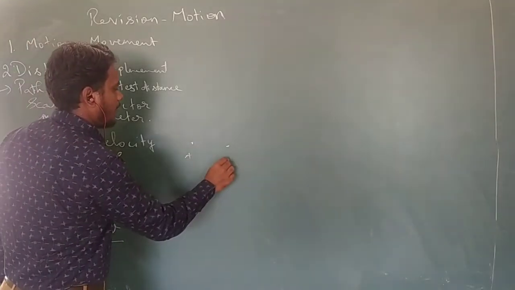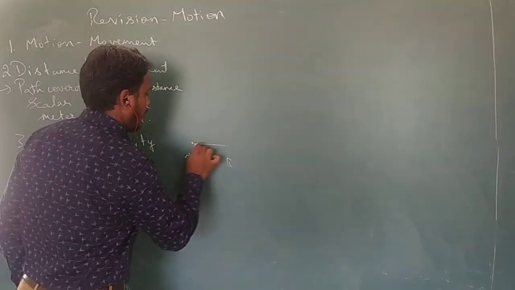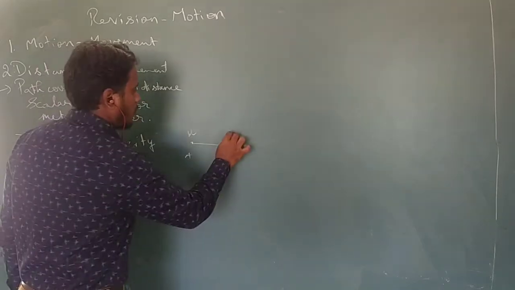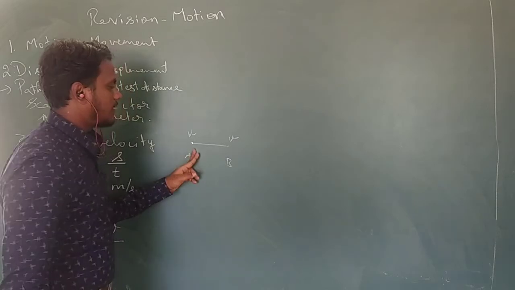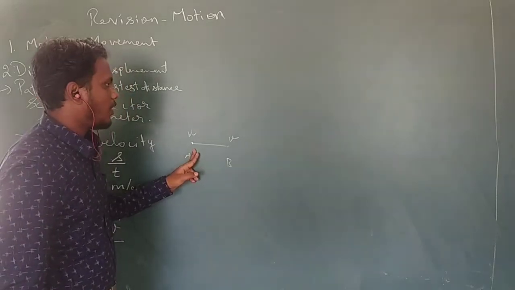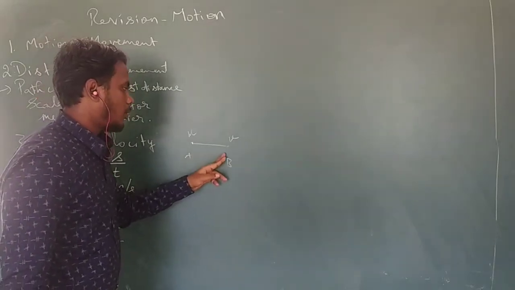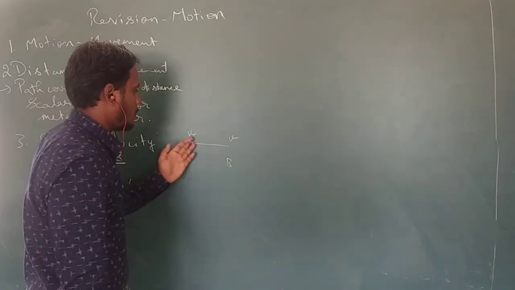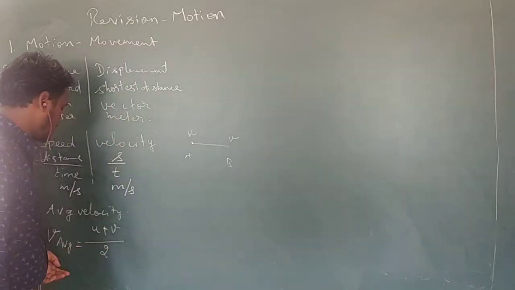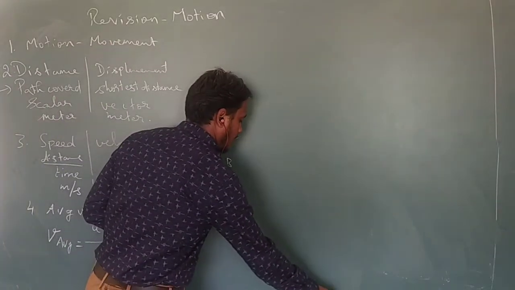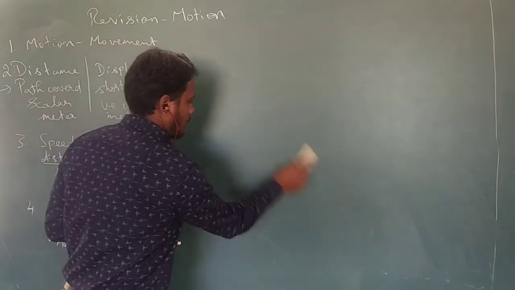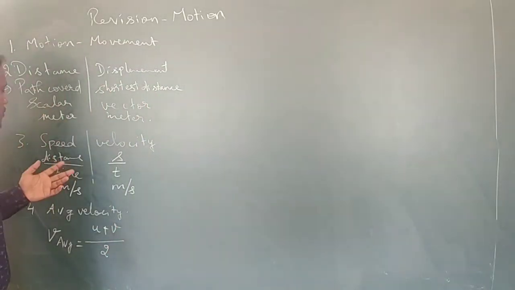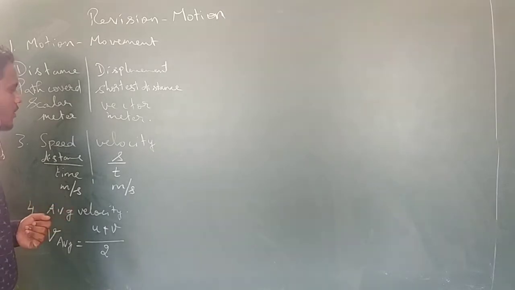Same A and B: an object goes from here to there. At this point, what is the velocity? And at this point, what is the velocity? The starting point's corresponding velocity will be u, and at the final point it will be v. The sum of initial velocity and final velocity by 2 will give us the average velocity. Fine.